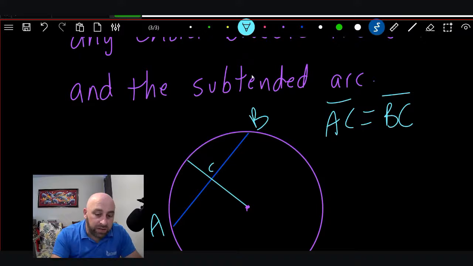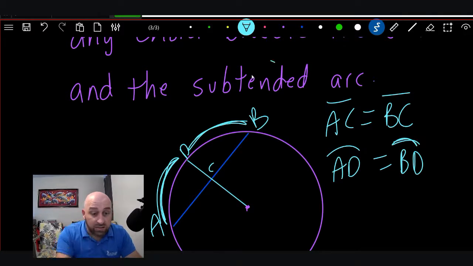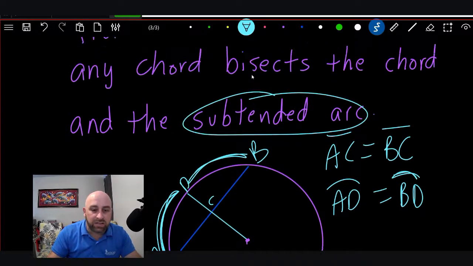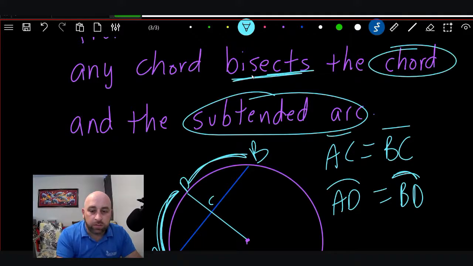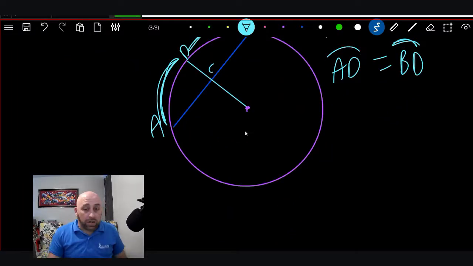Another thing that it tells us, we'll call this D, is that arc AD is going to be equal to arc BD, because it also says that it subtends the arc. It bisects the chord and it bisects the subtended arc as well. All right, lots of stuff there with the diameter.